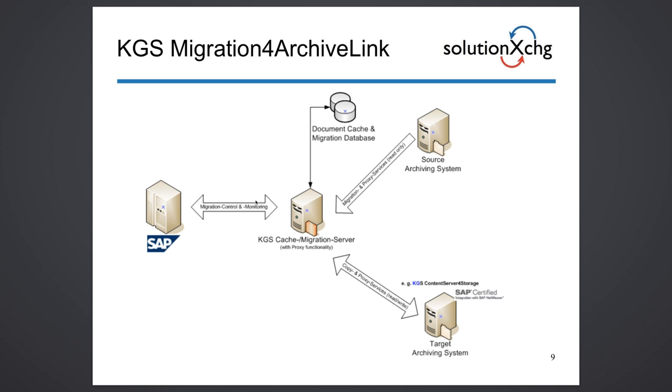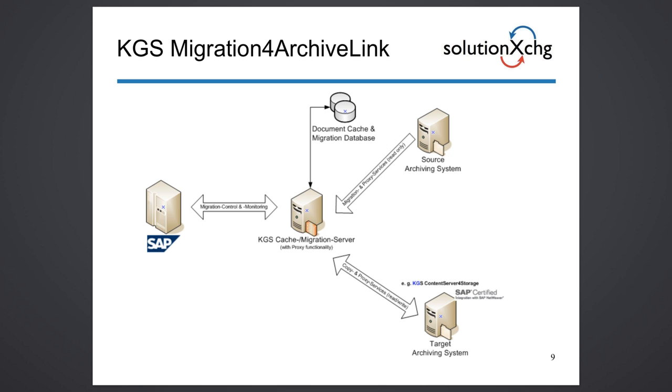The other aspect of it is how does the actual migration take place? The migration is powered and driven by this migration server engine, which is a standalone, could be a VMware software that sits outside SAP and is primed by all the document IDs we have in the SAP link tables.